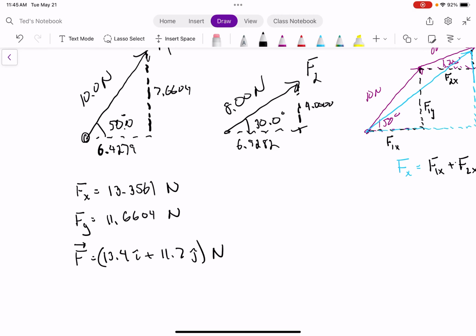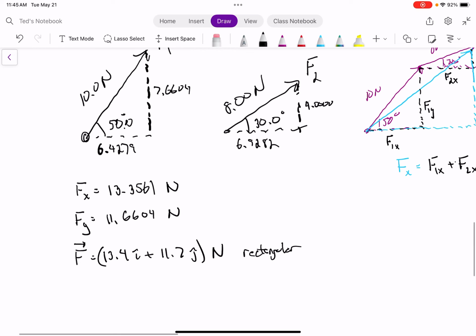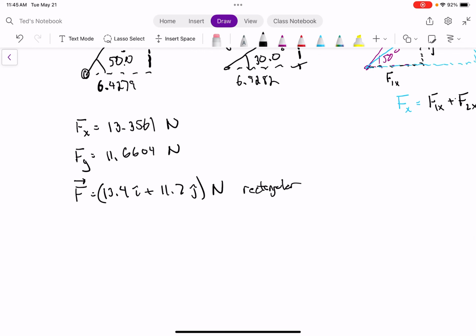And this is in Cartesian coordinates, rectangular coordinates. But it might be useful also to get this in polar coordinates. So to find the polar coordinates, I'm going to draw the triangle. Because anytime I try to convert between polar and rectangular coordinates, I always draw the triangle. So this triangle has 13.3561 on the base and 11.6604 on the height.